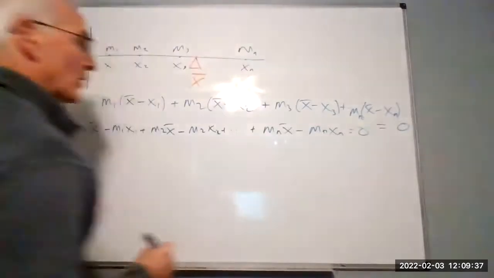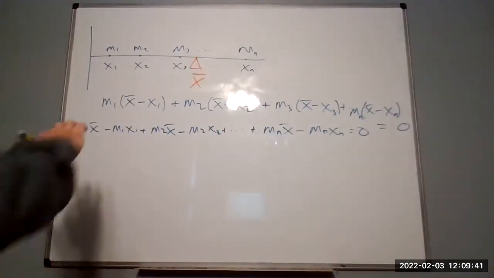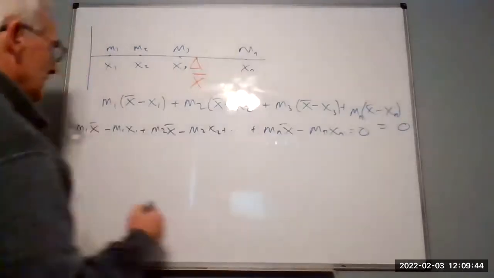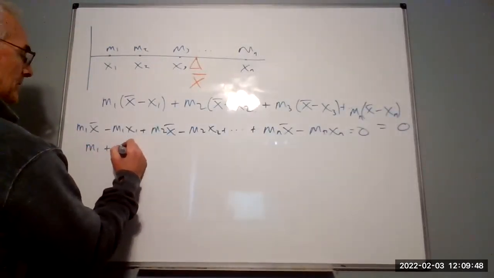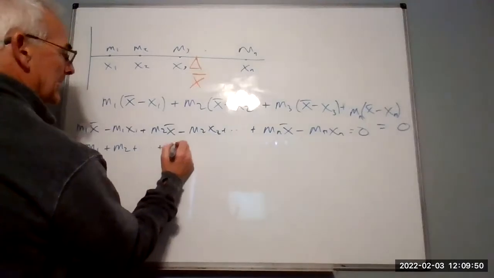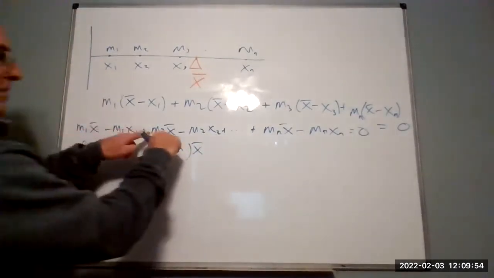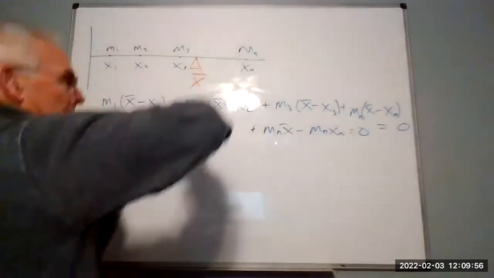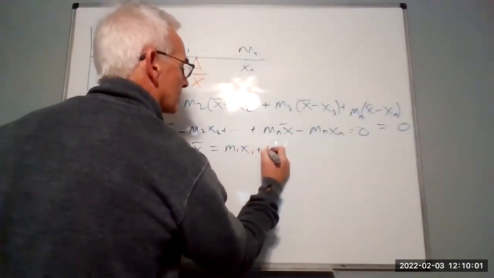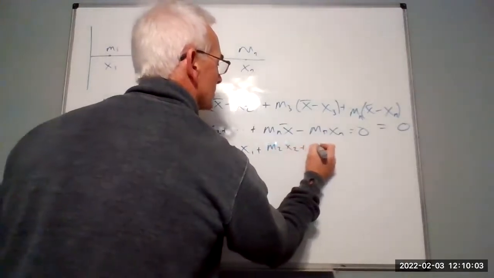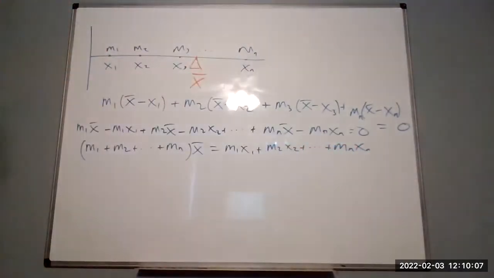Okay, so I just distributed everything. Why don't I throw all the negatives on the other side of the equal sign? Then I would have (m1 plus m2 plus all the way up to mn) times x bar on the left-hand side. Everything else I'm going to throw on the right-hand side.